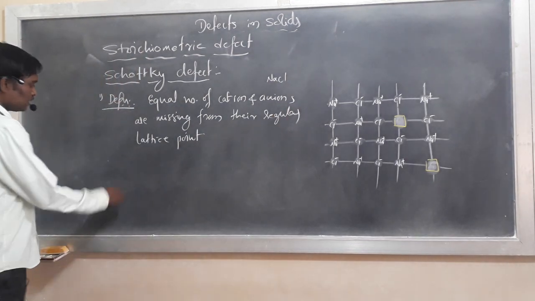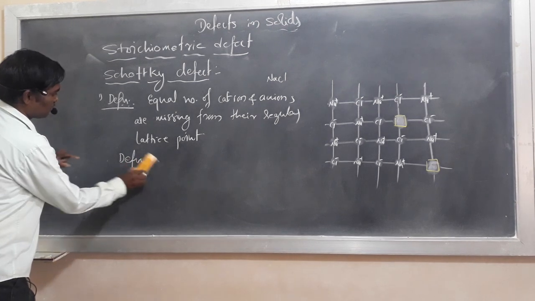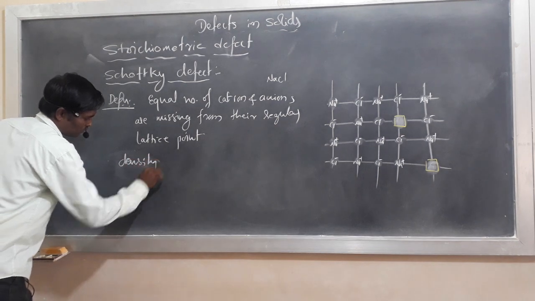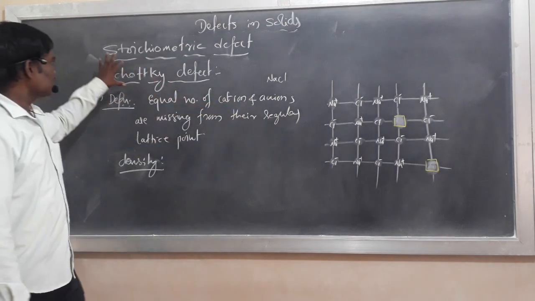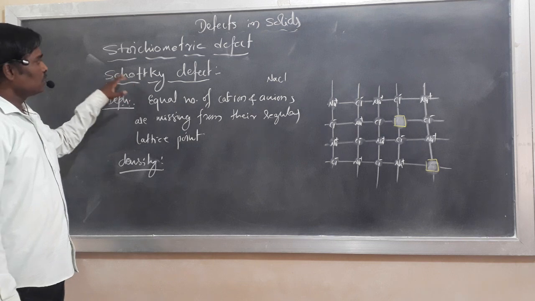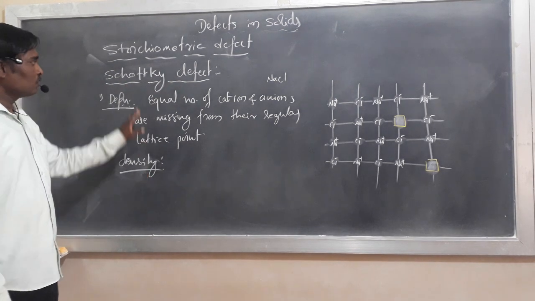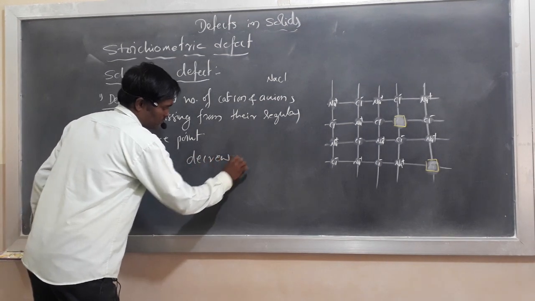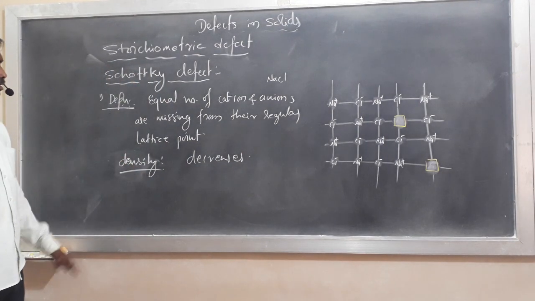Now students, how to find whether a crystal contains a Schottky defect, that an ionic compound has a Schottky defect? For that, measure the density. If the density decreases, then that defect we call Schottky defect.